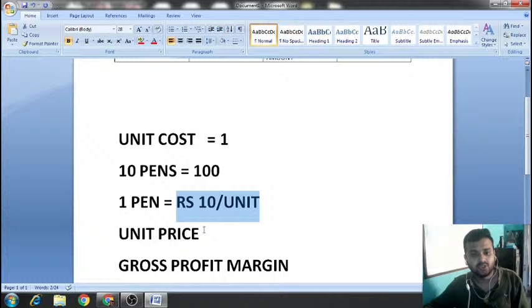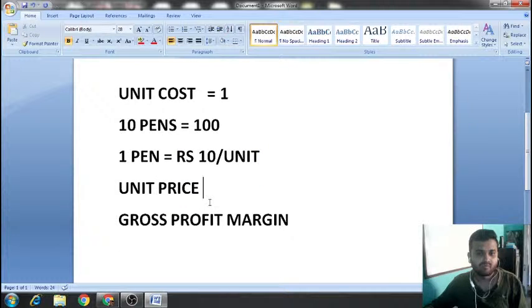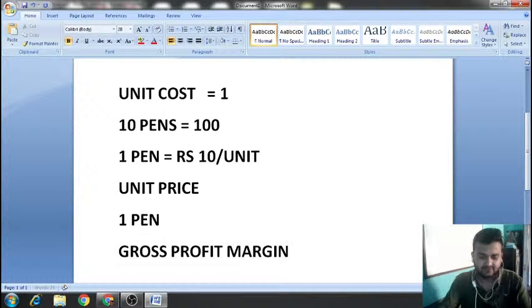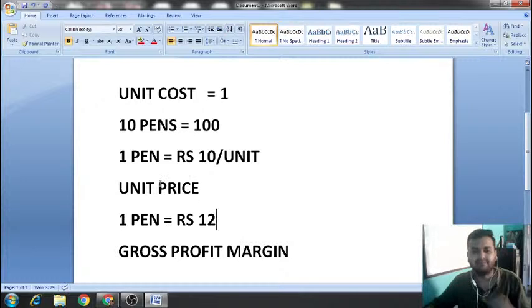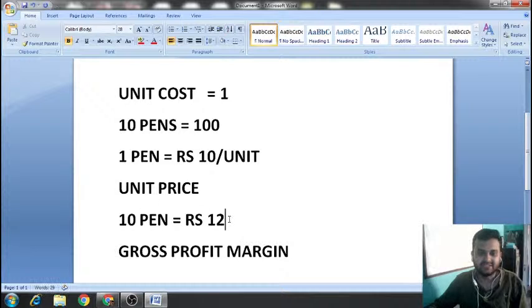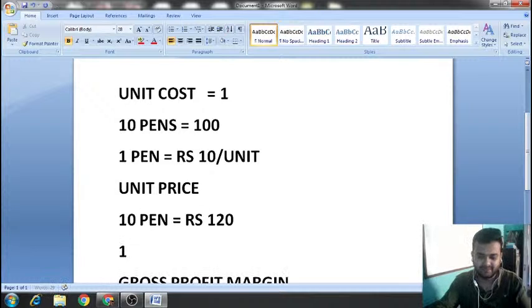Now if I talk about unit price, if you are selling the same pen at rupees 12, and you're selling 10 pens, the price of 10 pens will be 120 rupees, and the selling price of one pen will be rupees 12.